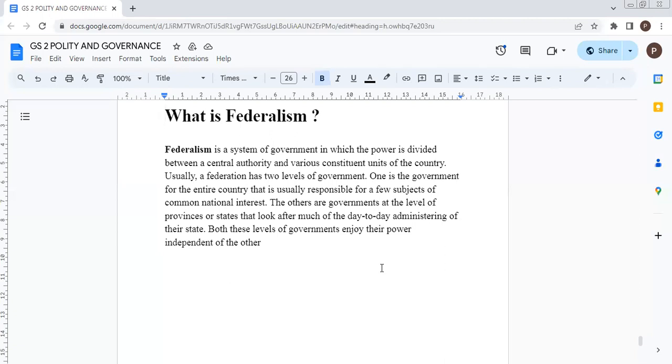But if we talk about the Indian context, we have the union government, which is known as the central government under Article 1 of the Indian Constitution, and the various states, which are not under the direct control of, but share somewhat similar powers with, the central government.